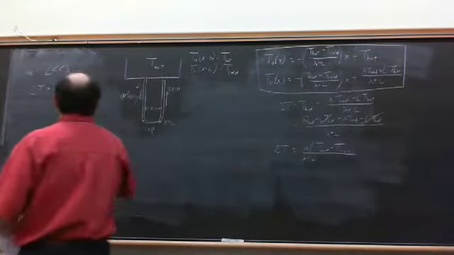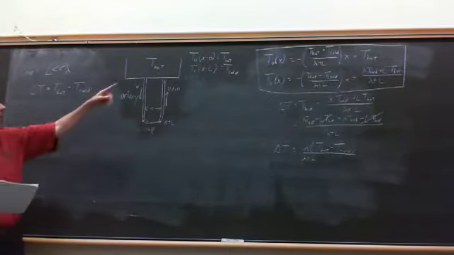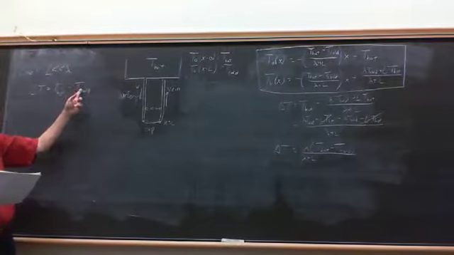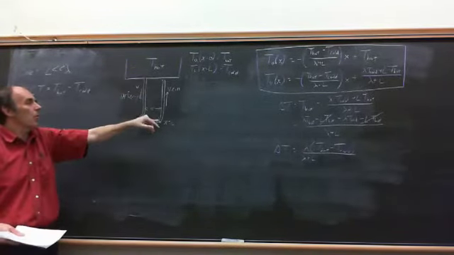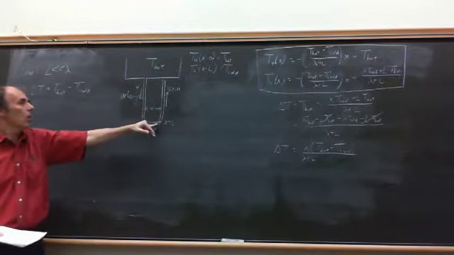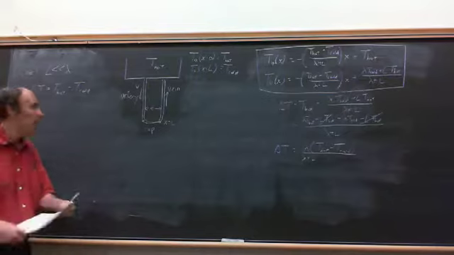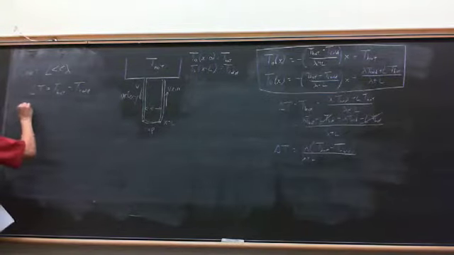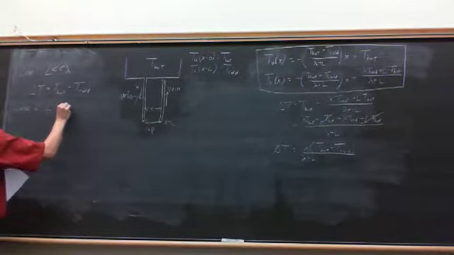So what that says is, in this case, this is bad news. This is the largest temperature drop you could have. It's the entire temperature drop from hot to cold occurring through the capillary, and you're losing a lot of heat to the lake. But we can look at case 2, where L is much greater than lambda.